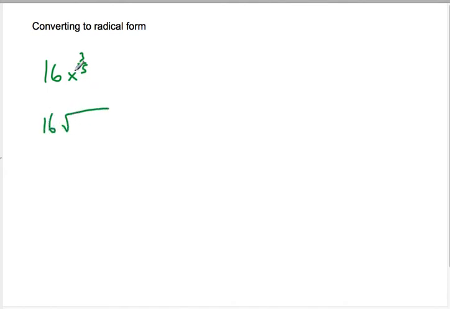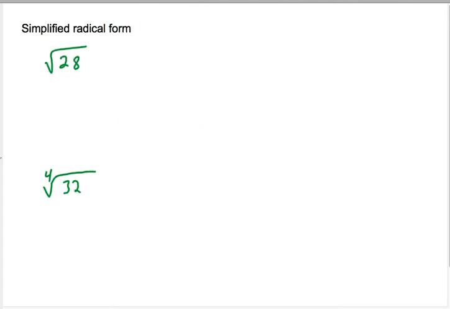And then the top number is always the power, right? So we're going to raise that to the third power, and the bottom number is the index. So we could write it like this. Now the 3 can go with x only or with the whole thing. So you could also write it like this. You could also write it like that.